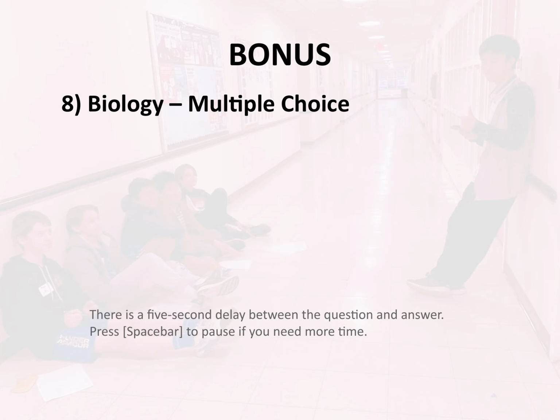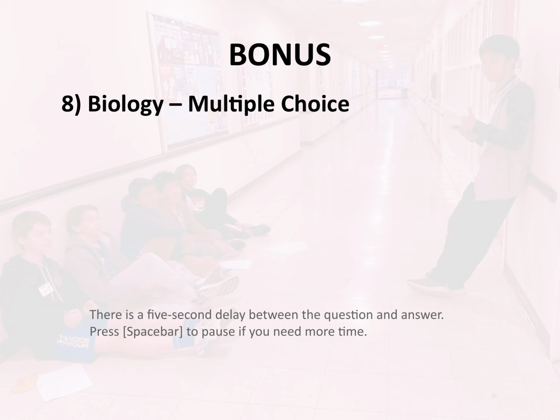Bonus 8. Biology, multiple choice. Which of the following examples is not evidence for evolution from a common ancestor? W. All living things have basic cell processes that are similar and use similar molecules. X. Hox genes, or homeotic genes, control vertebrate body plans and are homologous in all vertebrates.